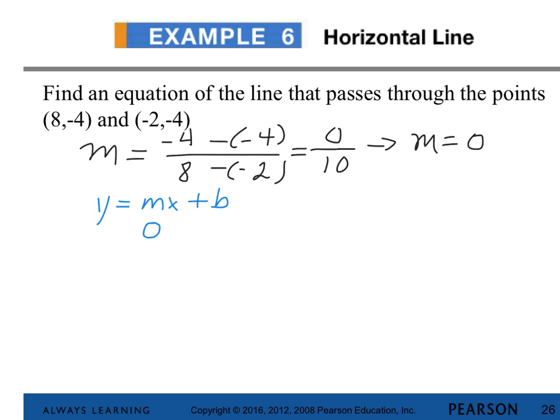Choosing the first point, we have that b is equal to, because 0 times 8 is 0, b is equal to -4.